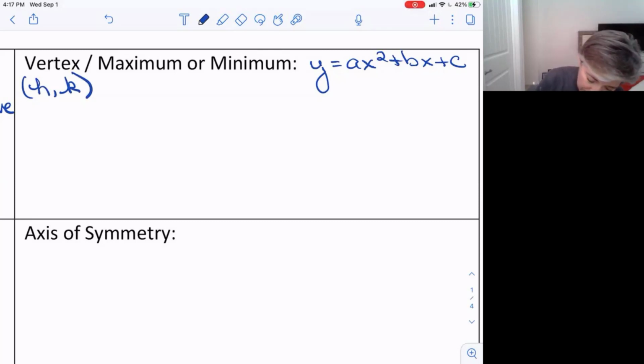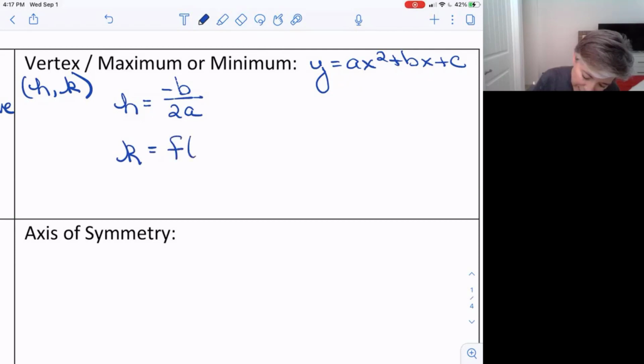So to find the input or the h coordinate, we take the opposite of the B value and divide it by 2A. And then to find our k value, we plug that h value into our function, or find the function value of that negative B over 2A.